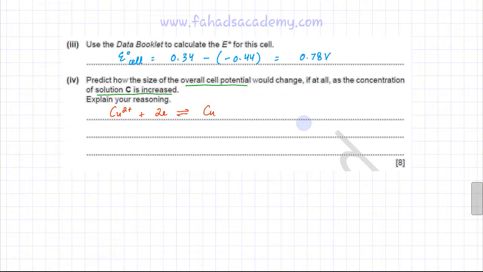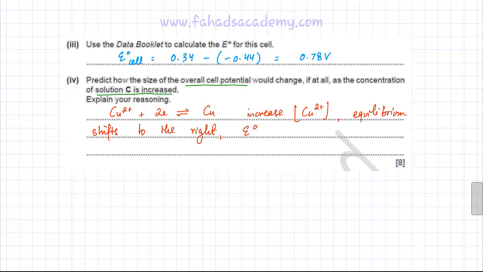You're going to say that if you increase the concentration of copper 2 plus aqueous ions, then the equilibrium shifts to the right, and if it shifts to the right, then the E0 of the Cu2 plus copper electrode increases.